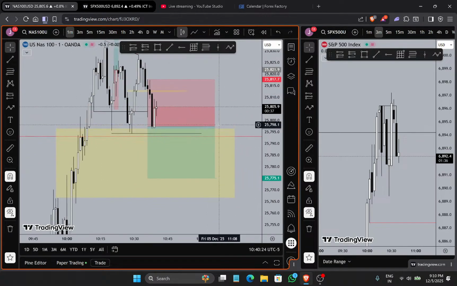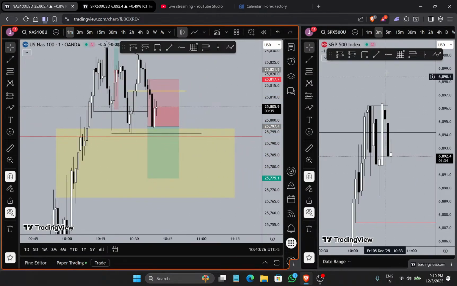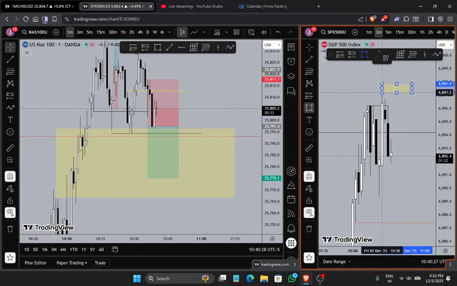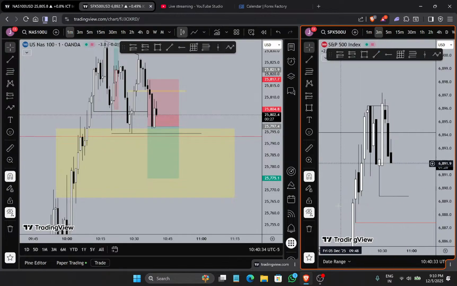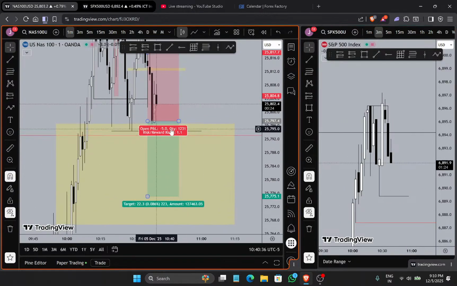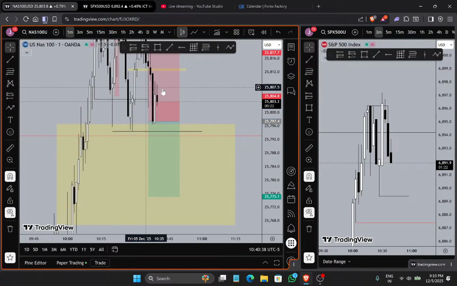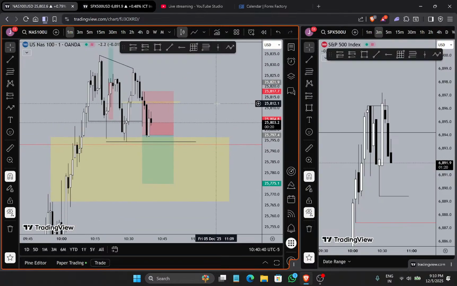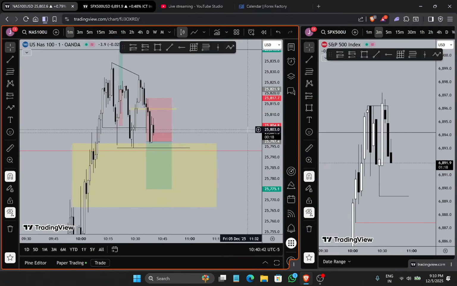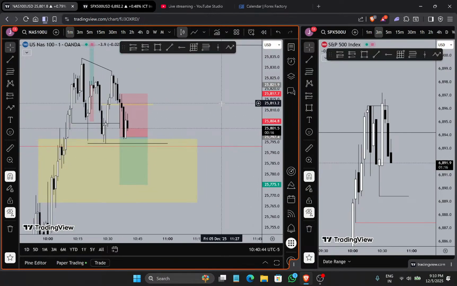Let's see how this plays. This is our break even on this candle here. That is a 5 minute gap here. Let's see. I think we are good.